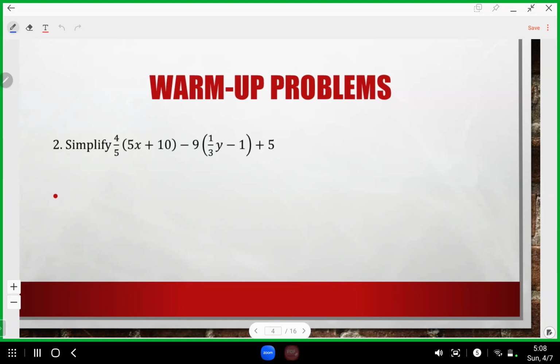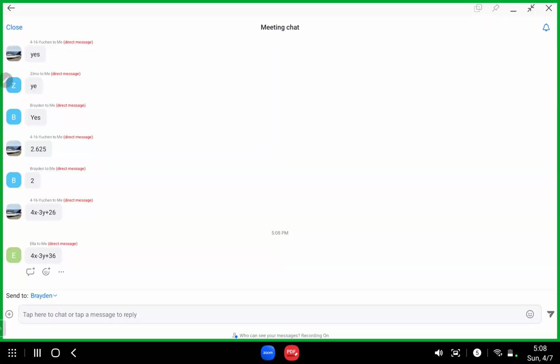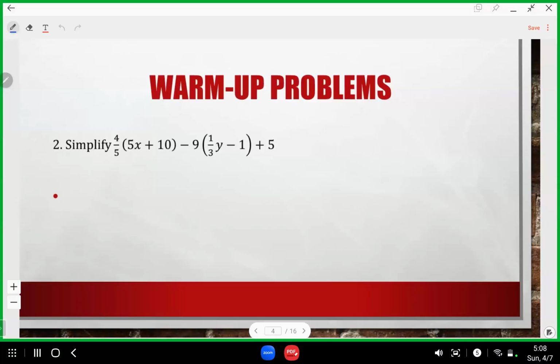Okay, so let's check this one. So Ella says 4x minus 3y plus 36, and Yuchen also says the same. What we need to do here is the distributive property first, like so, and then we add the 5 at the end.